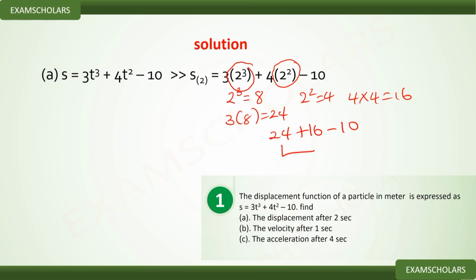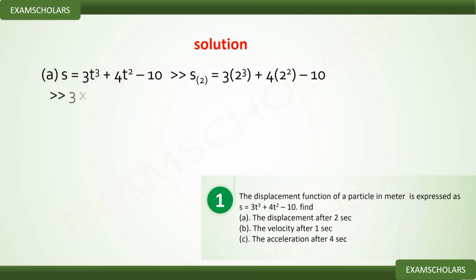What is 24 plus 16? You have 40 minus 10, then 30. You see that is very simple. That is 30 meters. So our answer is 30 meters. Very simple question, isn't it?